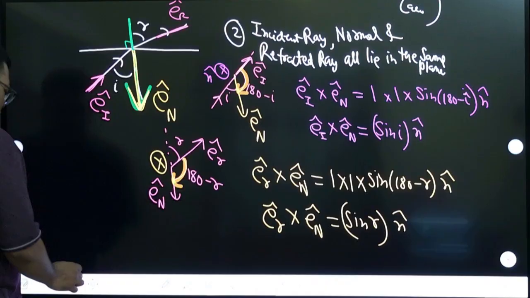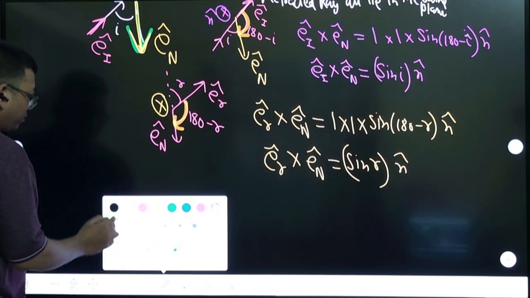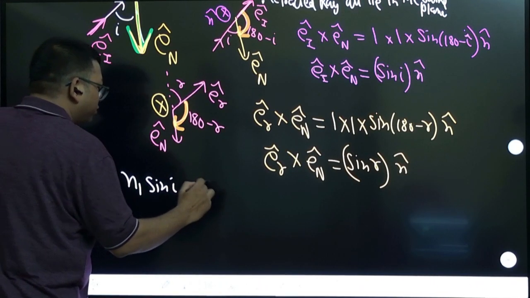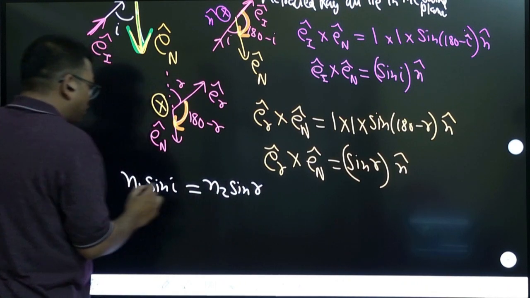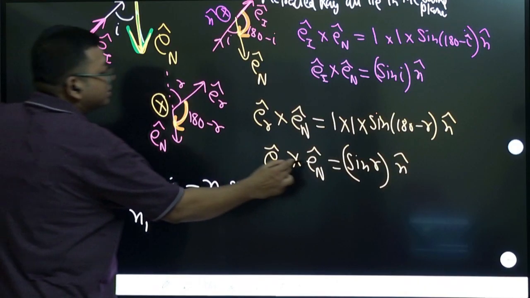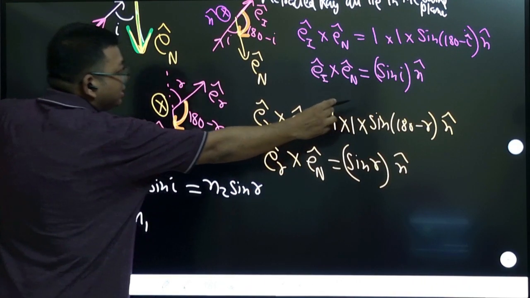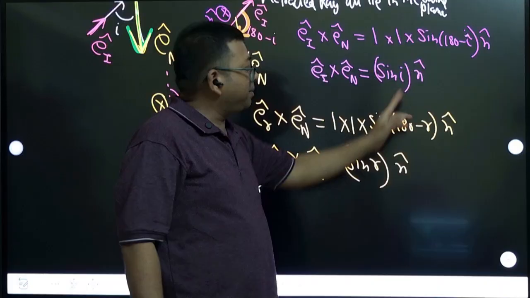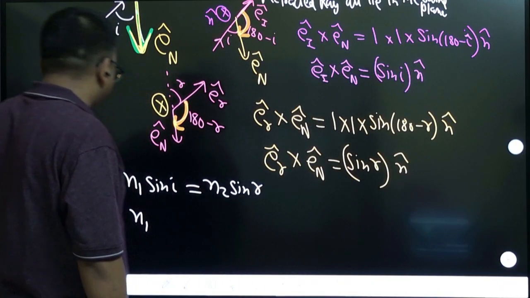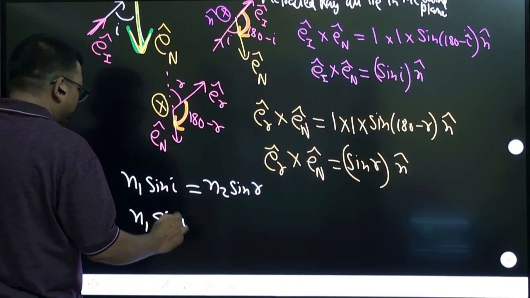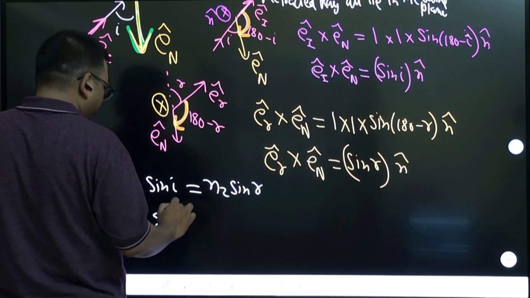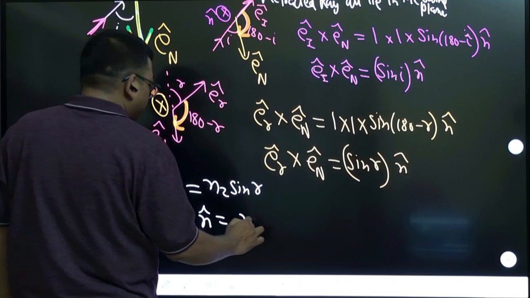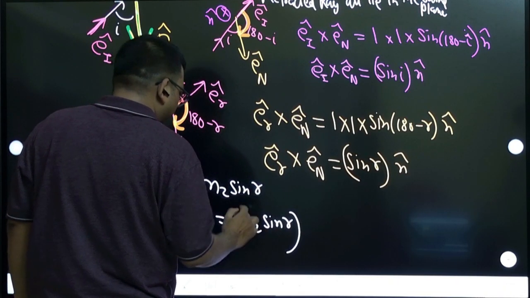Now let us try to write the law of reflection. The law of refraction says that n1 sine I is equal to n2 sine R. Now I can write sine I as that. If I multiply this side by the vector n cap, since this is a scalar, then this side I can also multiply by the vector n cap.